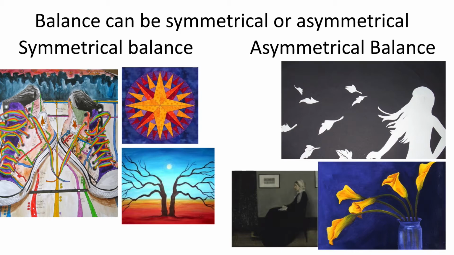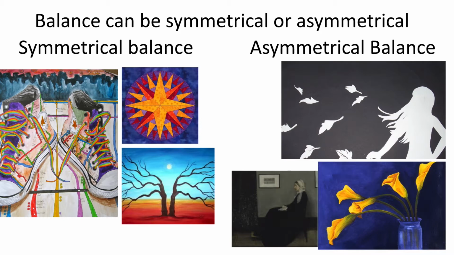And on the other side, on the right-hand side, we have asymmetrical balance. And this is where the composition feels balanced, but not by the same objects on both sides. So if you look at the black and white image of the girl, it's kind of like gradation, gray and white, you can see that she is on the one side, and then you have these floating leaves on the other side.